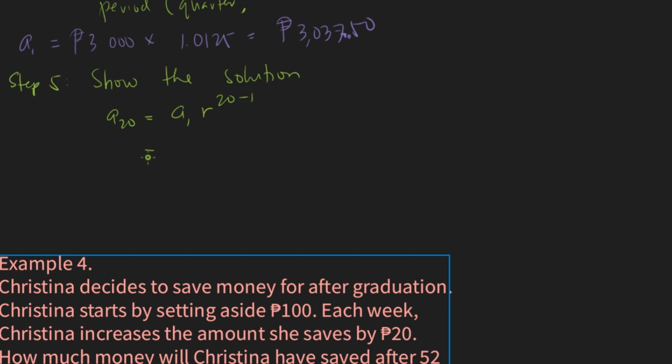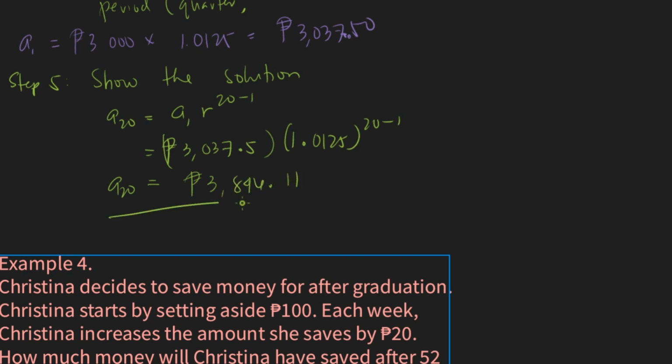So our first term is 3,037.5 times our common ratio 1.0125 to the power of 20 minus 1, or 19. So our answer is 3,846.11.